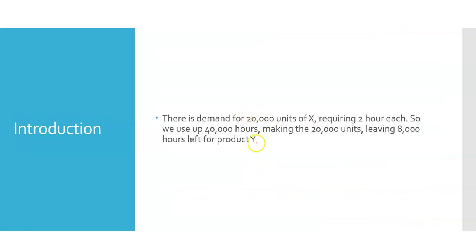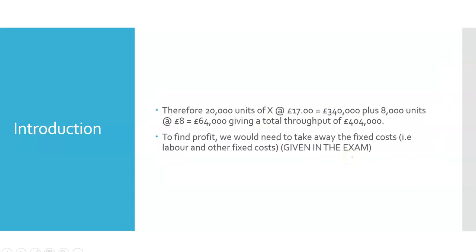That's the argument here, and that's ultimately what we're trying to work out. Then you go ahead and do your calculation. You have 20,000 units times 17, plus 8,000 times your throughput of 8, giving a total throughput of 404,000.